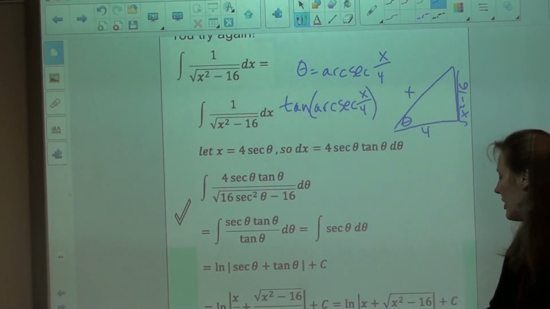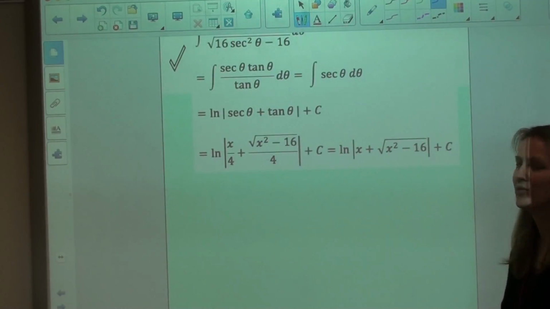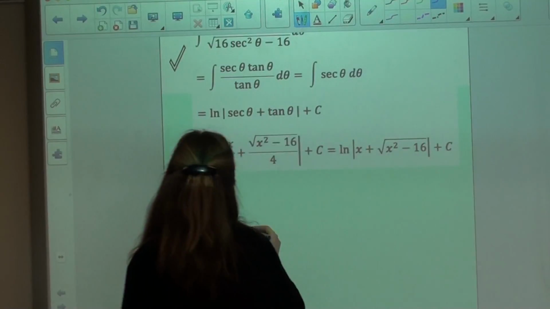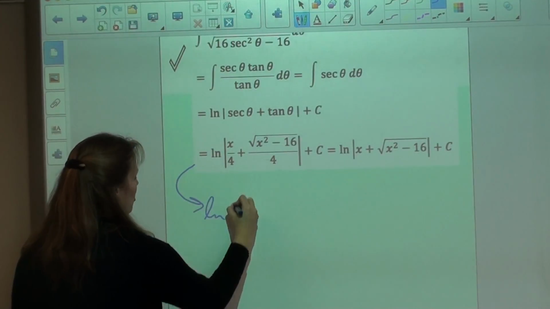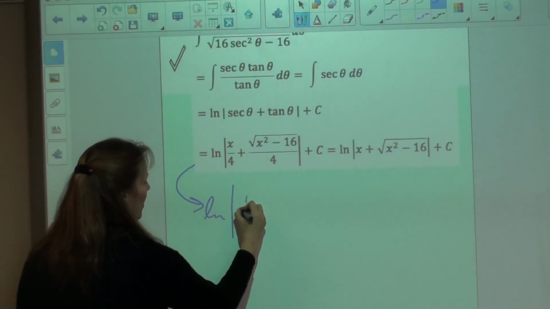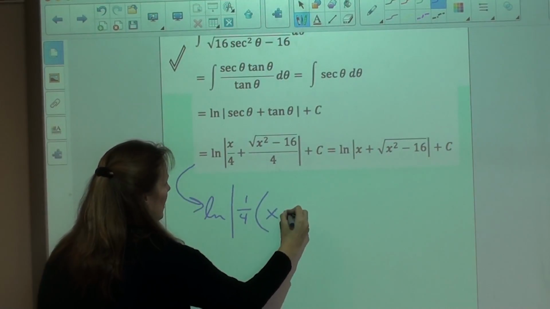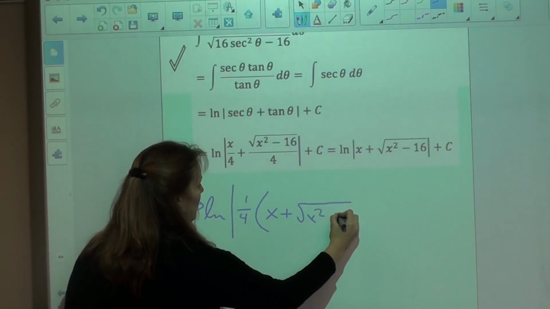If you're wondering how to get rid of the 4s, let's review our natural logs. This is the same as the natural log of the absolute value of 1/4 times x plus root x squared minus 16.